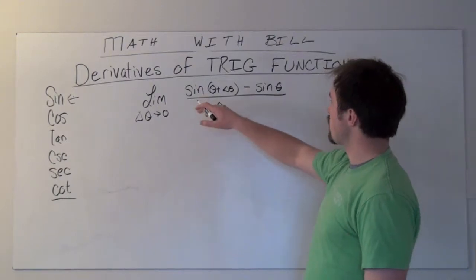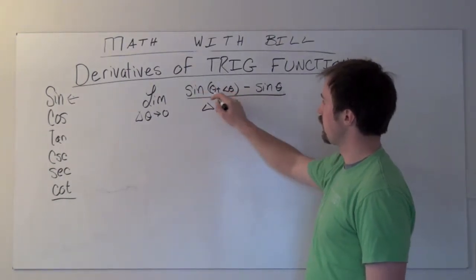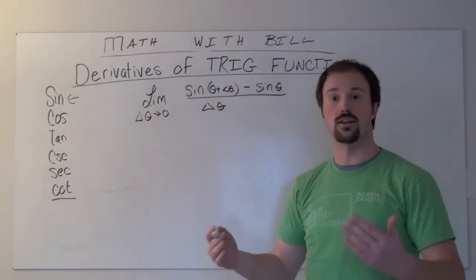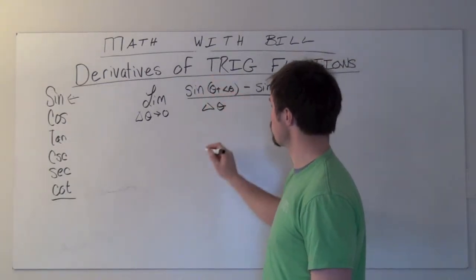To get an idea for what's happening, let's go through the trig of the sine of a sum, and that is sine cosine, then cosine sine. So it's going to be sine of the first.